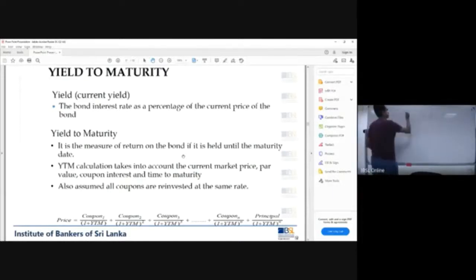This much. Right. And let's assume you are buying this bond at a price of 90, right? So you have purchased this bond at a price of 90.